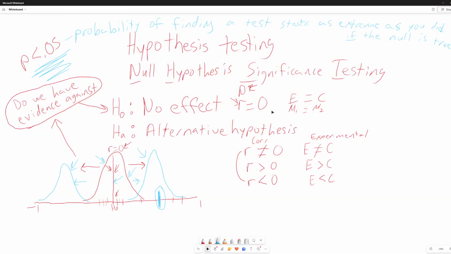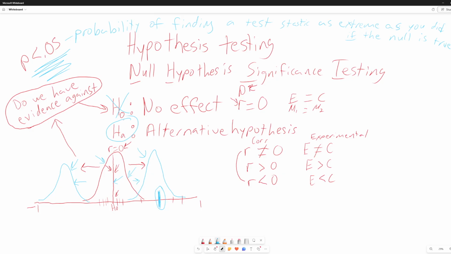So when we use this phrase, reject the null hypothesis, what you are essentially saying is that I have evidence against the null hypothesis in favor of the alternative hypothesis. I have evidence against the null hypothesis, so we do what's called rejecting the null hypothesis.